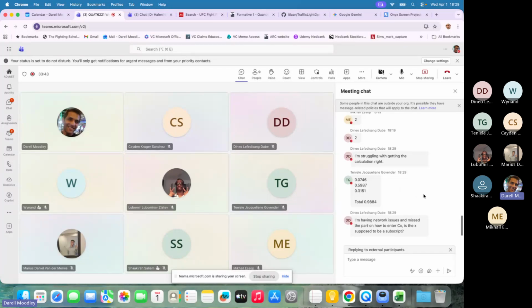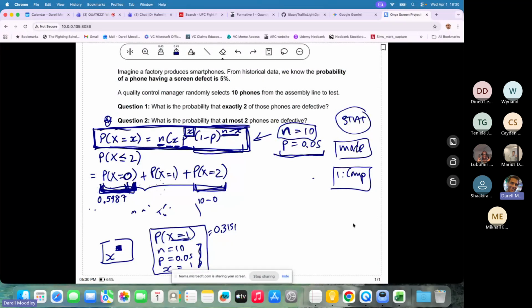Very good. I'm having a network issue, sorry. Dineo, this x is not a subscript. It's in your calculator, above the division button, there's nCr.